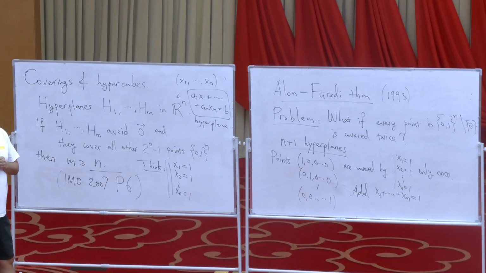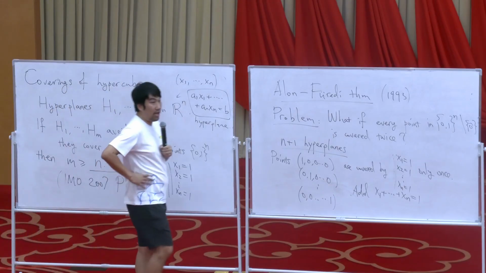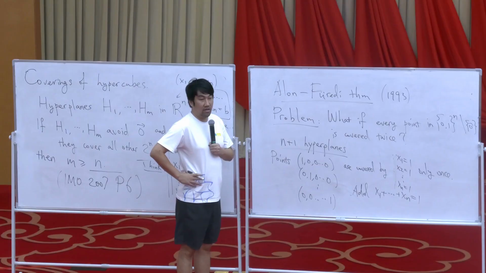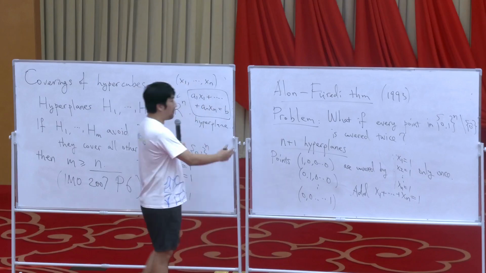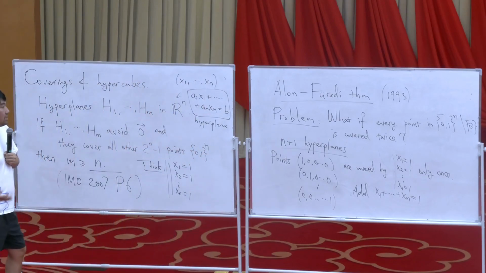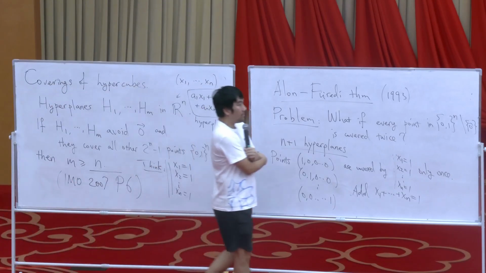Now you ask, is it possible to do better? Right. So we have a construction with n plus 1 hyperplanes, and you wonder if you can do better than n plus 1 hyperplanes. So maybe something magical would happen to say that maybe it's still possible to have just n hyperplanes that cover every point twice. Okay. Well, what do you think?